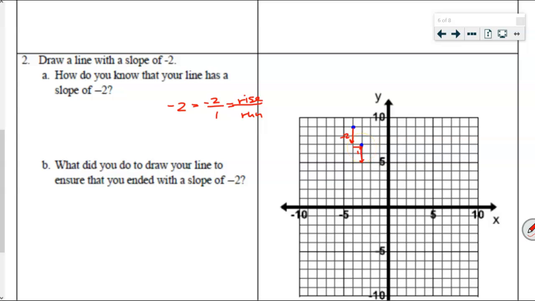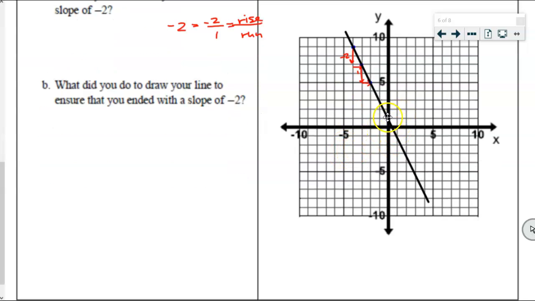I can go down 2 and to the right 1, showing multiple places that will all form a nice straight line. And again, getting in that habit of drawing those arrows at the ends of those lines to show that even though we're done drawing, the line doesn't stop existing just because we're done drawing it.